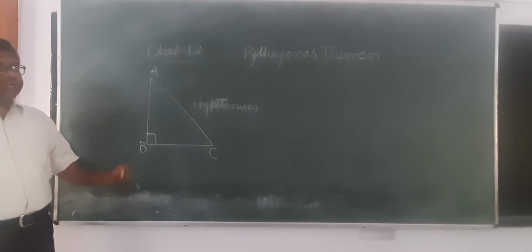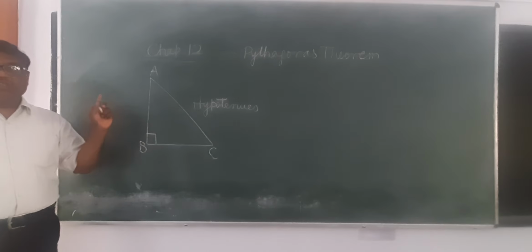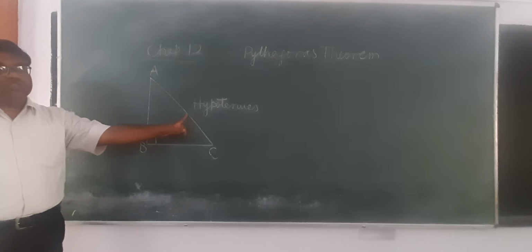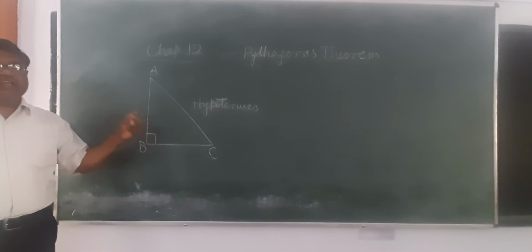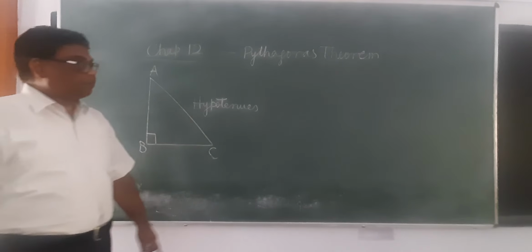Actually, according to the Pythagoras theorem, the square of hypotenuse is equal to the sum of squares of sides containing the right angle. It's clear. What is Pythagoras theorem?